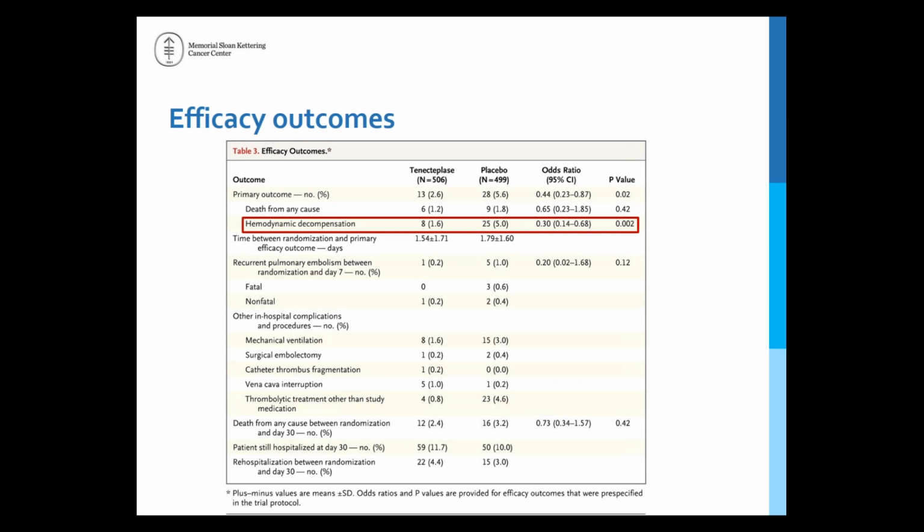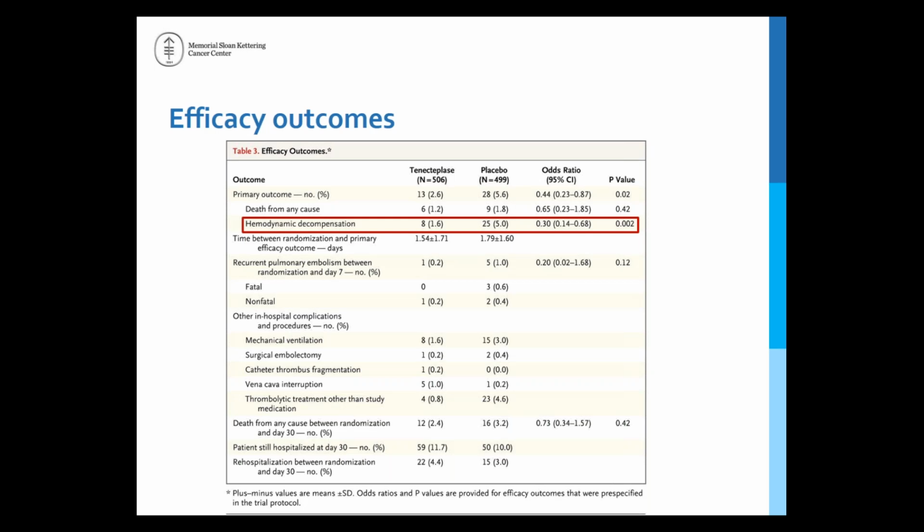So when they looked at these patients, they were not able to establish a mortality benefit, but what they did demonstrate is that there was a significant difference in hemodynamic decompensation between patients who had thrombolysis versus patients that had placebo.